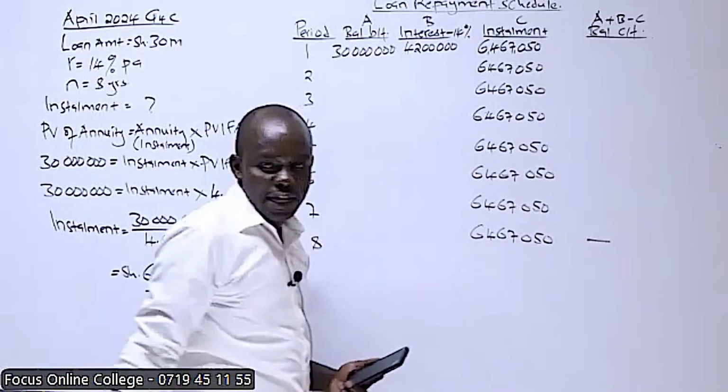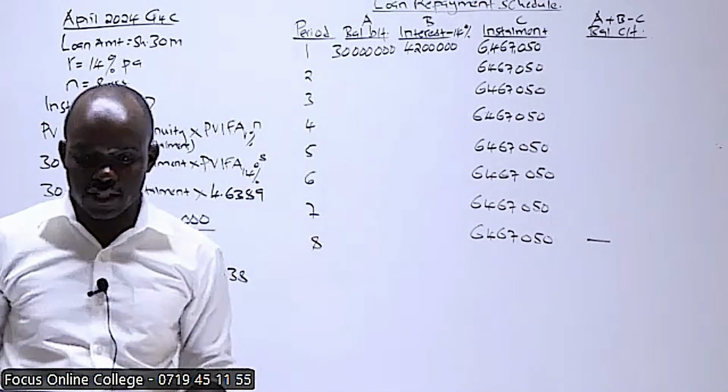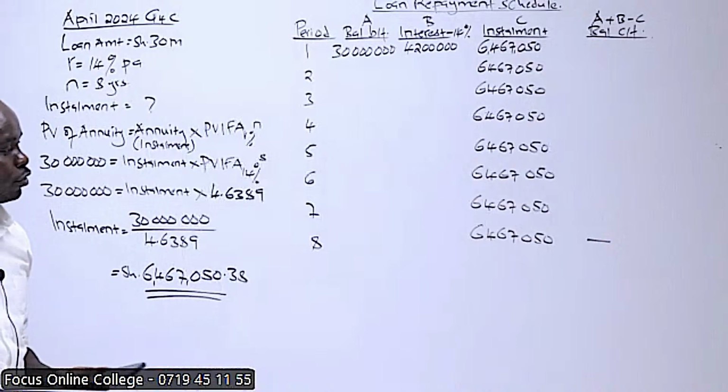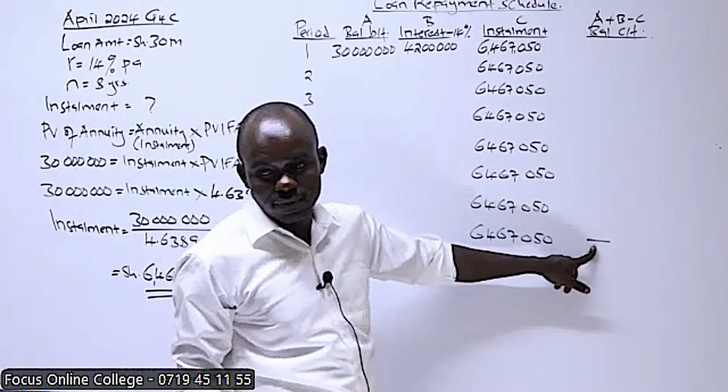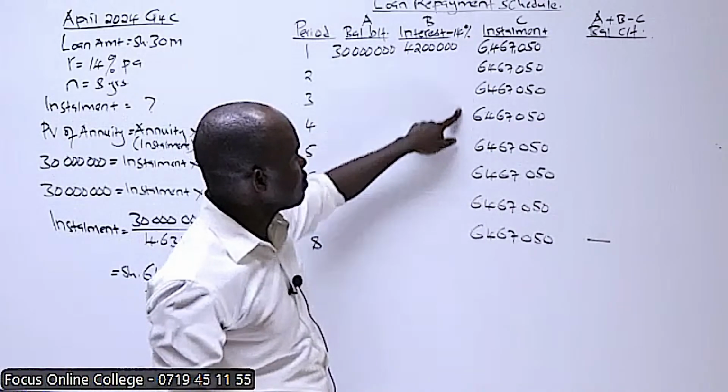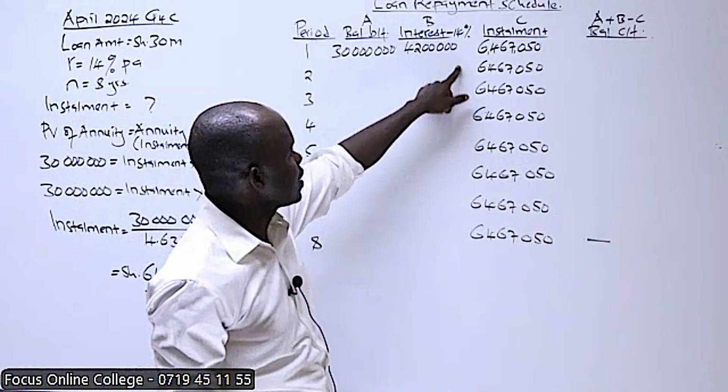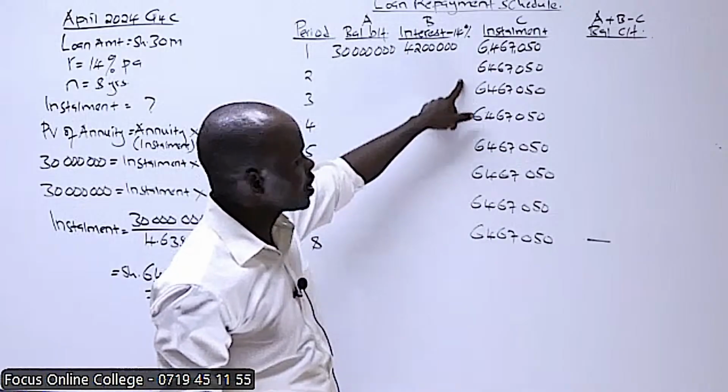After paying the last installment, we should have a 0 there. Remember, we have said installments must remain the same. They are constant amounts.